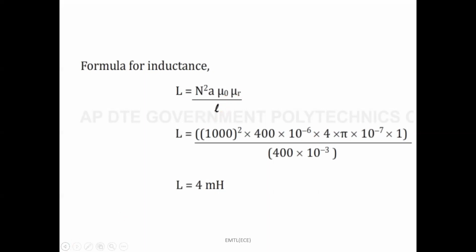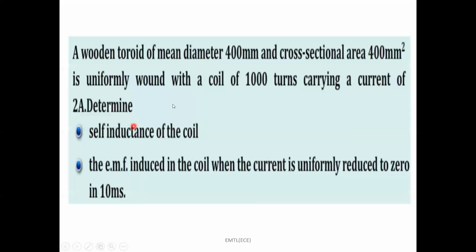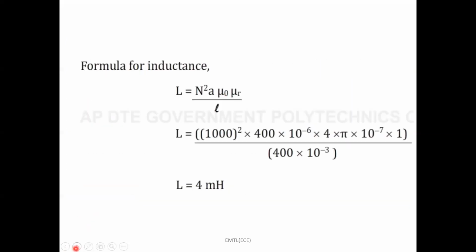Here, when you observe this toroid, the material inside is air, so we have to take the relative permeability value as 1, and mu naught is a constant equivalent to 4π × 10^-7.